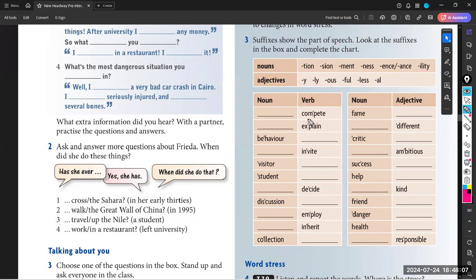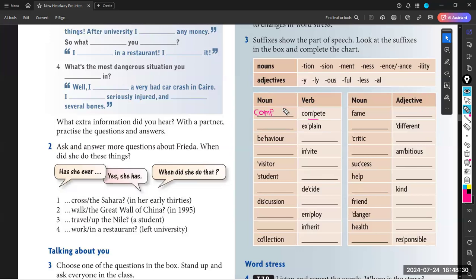Now, what if I want to say compete as a verb? What is the noun of compete? Completion. Are you sure? Completion, sorry. It is competition. So please, if you are using the book now, you have to write the words in the blank.